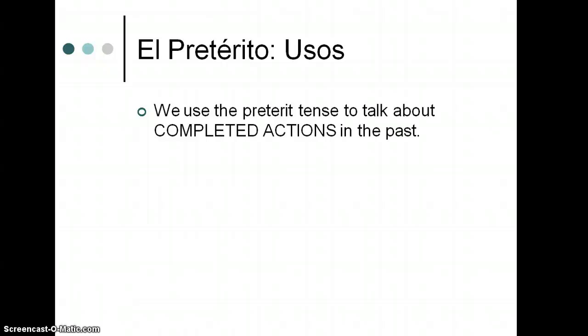Usually, these actions are discrete; they're singular. However, we could have more than one of them lumped into a sentence. For example, we could say, hace 2 años hice 3 viajes a México. 2 years ago, I made 3 trips to Mexico.